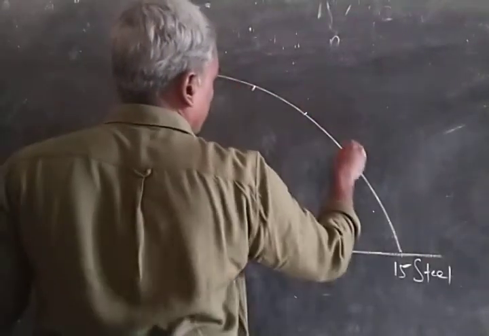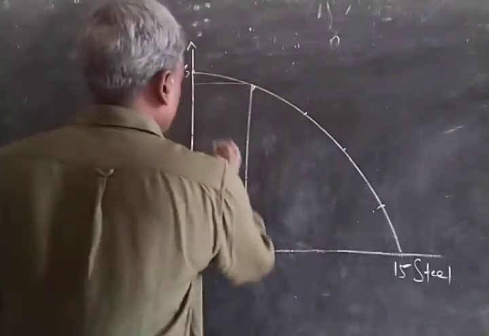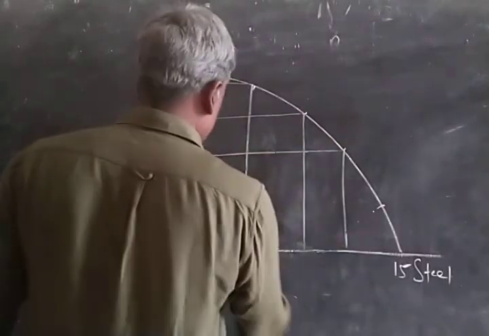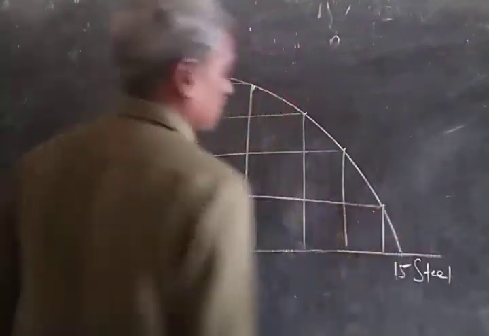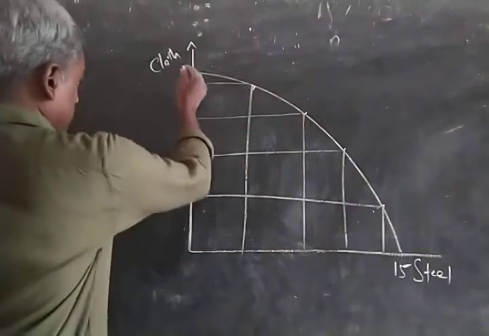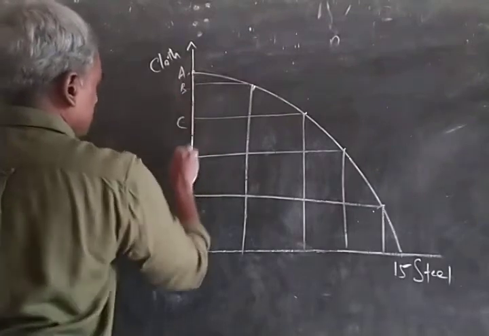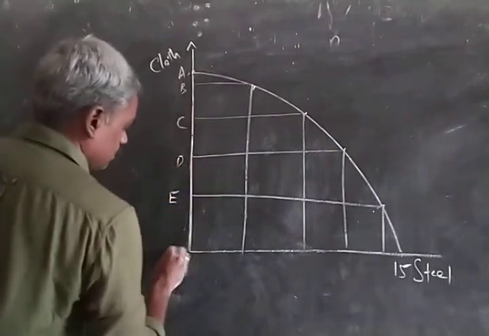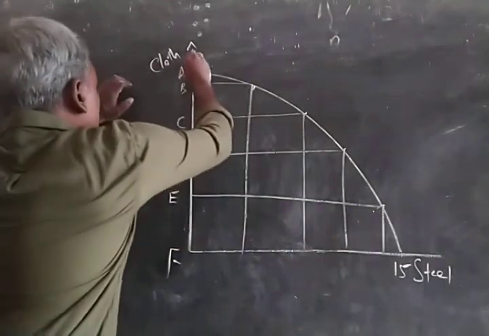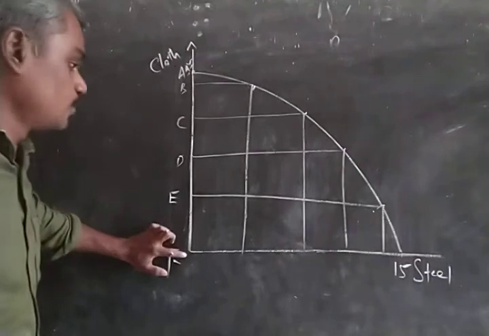Any point on this curve shows different combinations of cloth and steel. This is combination A, this is B, C, D, E, and F. In combination A, the economy was producing 15 units of cloth and 0 units of steel.